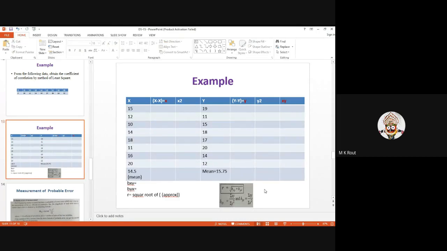Okay, calculate the small x variable from the given data. So what is the value in case of the first row?